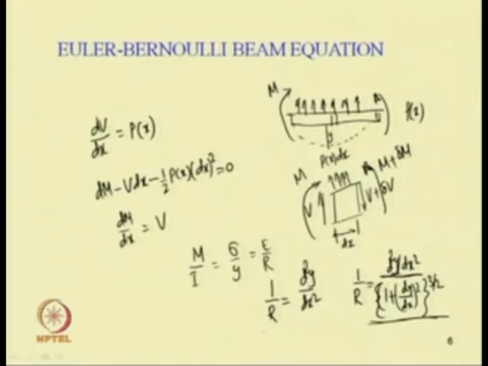But for small displacement, one can take 1 by R equal to d square y by dx square. Using this in the equation, one can write M equal to E I d square y by dx square.